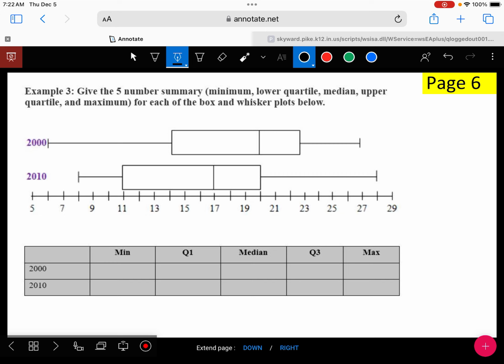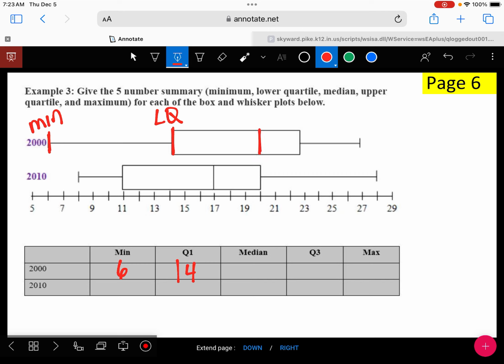For the year 2000 and the year 2010, fill in our box and whisker plots. So for the year 2000, remember this first would be your minimum. Our minimum will be at 6. Here, this is our LQ. What does it look like the lower quartile was in 2014?